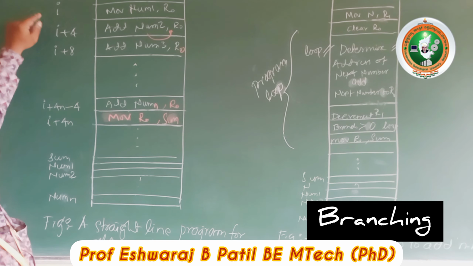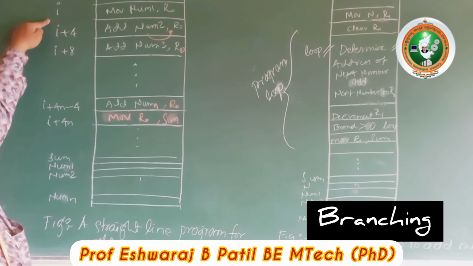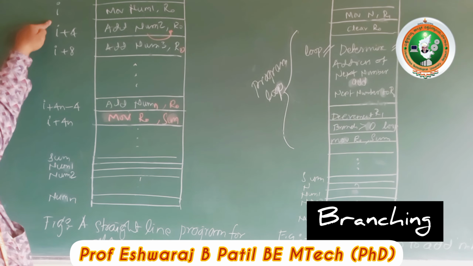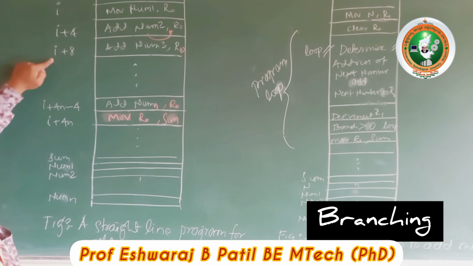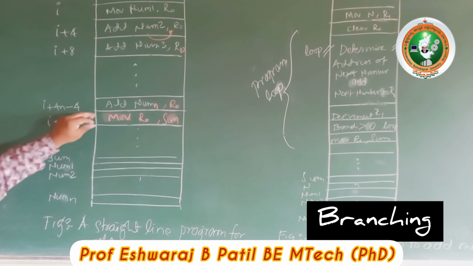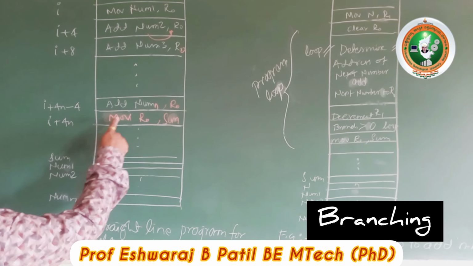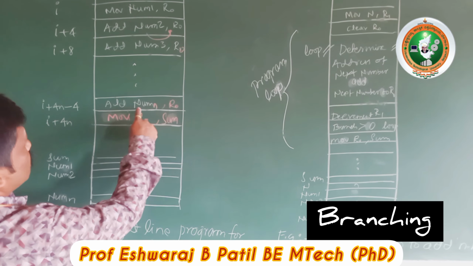For every instruction, the address of the memory location is incremented by 4: I plus 4, I plus 8, like this, because we are using a 32-bit word. Then we have I plus 4n, I plus 4n minus 4. At this stage we are checking whether the addition of the n numbers is done or not.